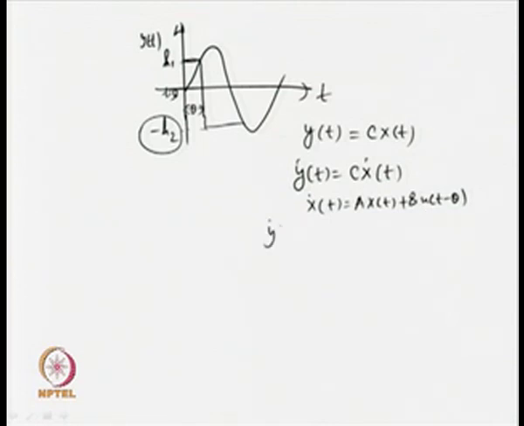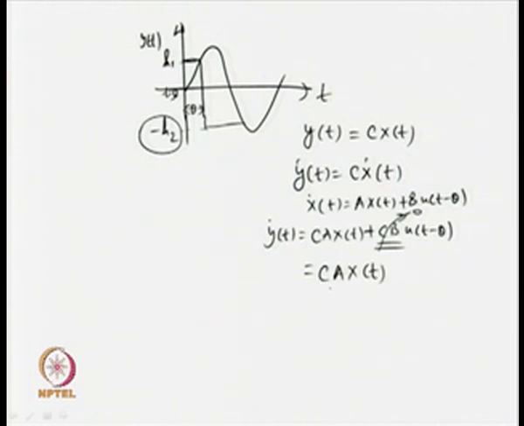Then, y dot(t) will be equal to C A x(t) plus C B u(t minus theta). So, from here you can see that C B becomes 0 very often for some types of processes. So, in that case y dot(t) will be simply C A x(t).